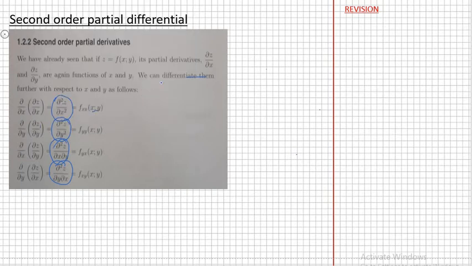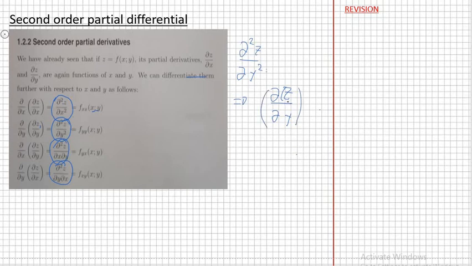In the third expression we have the second partial derivative of the function z with respect to y. That can also be written as the first partial derivative of the function z with respect to y.